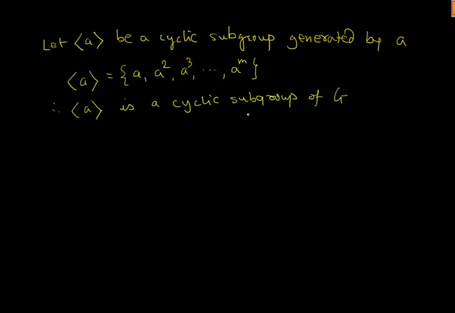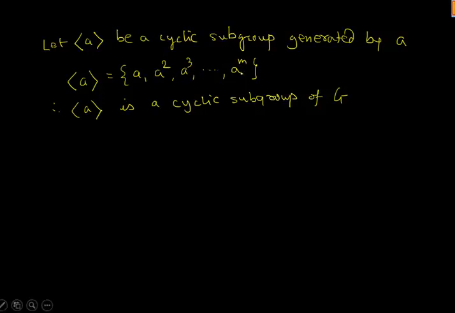Now, can you guess how many elements are in this cyclic group? All right, by observing the powers of A, we may say that the order of this cyclic subgroup is equal to m, because I am observing the powers 1, 2, 3 up to m.